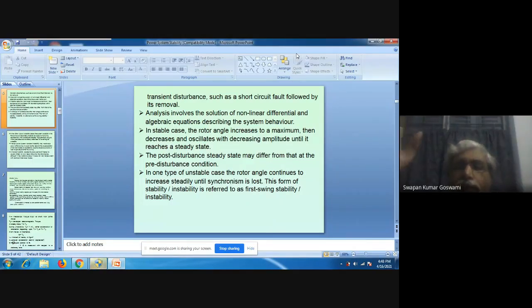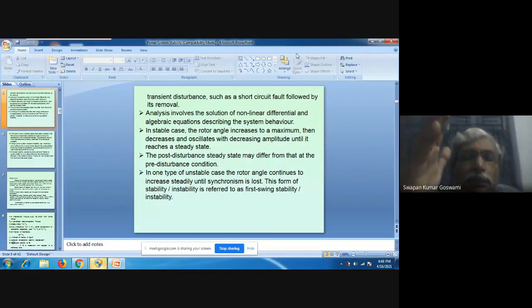In this way, there may be a major difference between the power input to the generator and the power output from the generator, and the consequences may result in a situation where the system may lose synchronism. That means the cause of this loss of synchronism is the large disturbance, the large change in the output power from the generator.